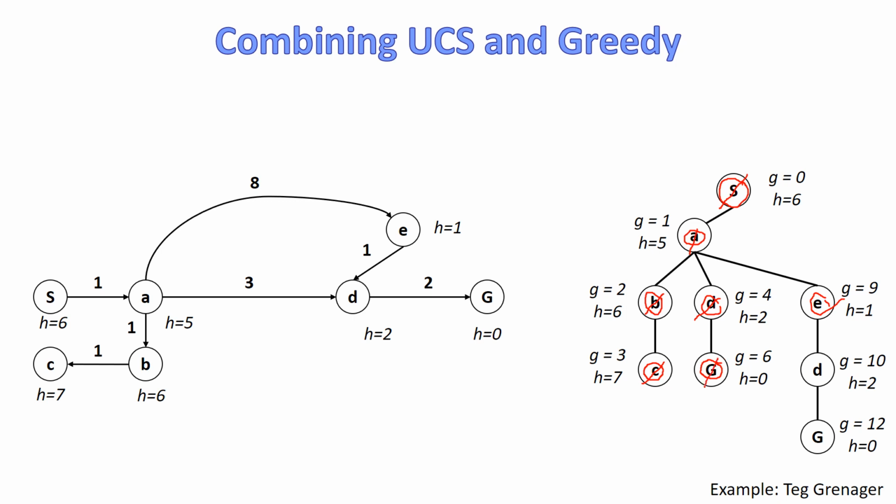G, and we expand G, and that's the solution already. So we found the solution, which is SADG. This is the optimal solution, but we found it after we went in the wrong direction, SABC, and then we came back to find the optimal solution. Thanks, Hamza.